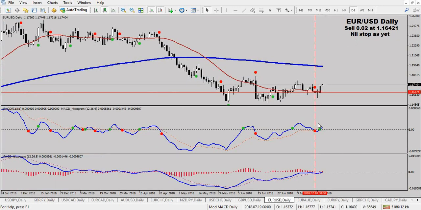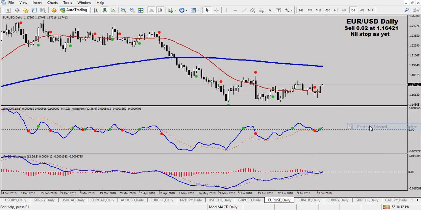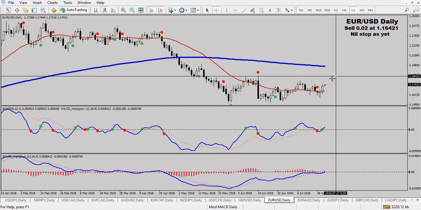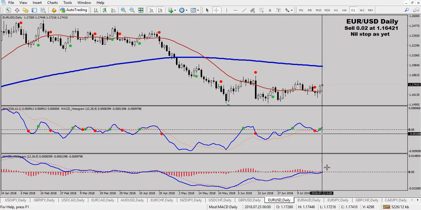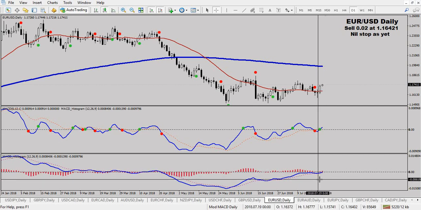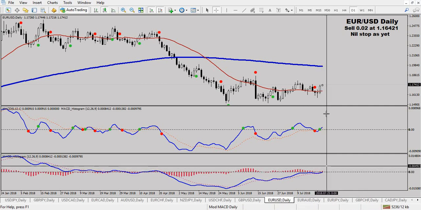Euro USD was in a sell, and this morning I've closed that sell, so no longer on that sell. Took a loss, a whole 84 pips there, which is nothing really on the daily charts. I couldn't take the buy, just not convinced. The standard MACD technically you would say is in buy mode, but it's not convincing.